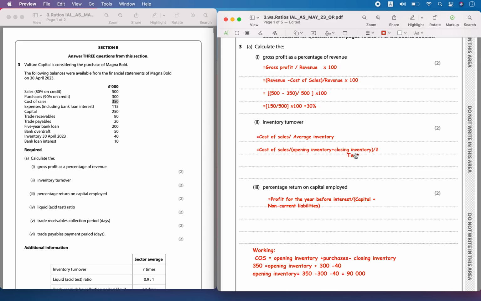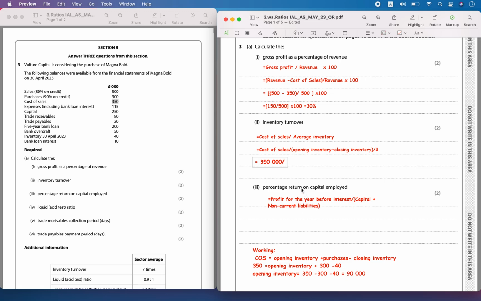Now let's calculate here. You can ignore thousands because it doesn't affect much, they get cancelled out. So the cost of sales is 350,000. You can put 1000 or ignore it also. Just use the 3 units.